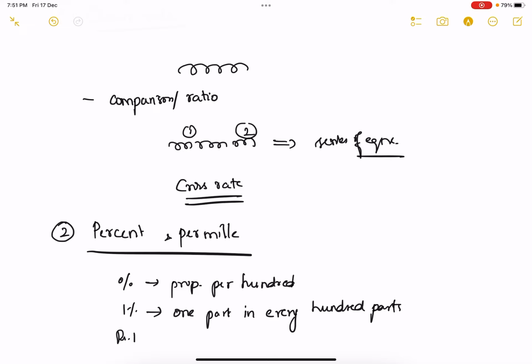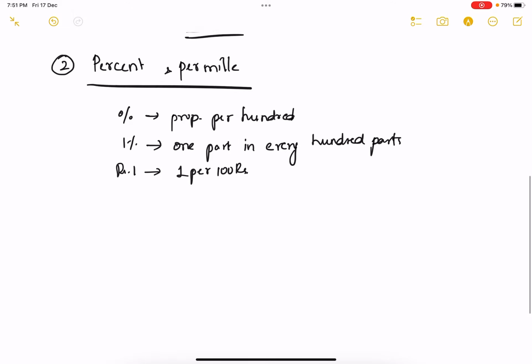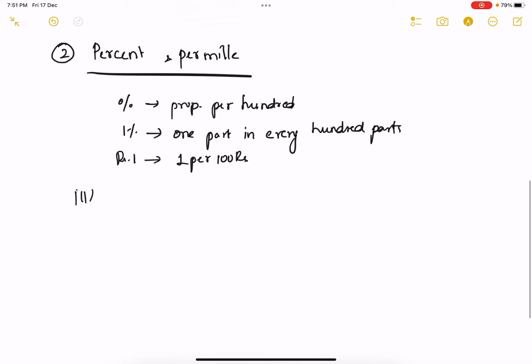And rupee 1 is 1 per 100 rupees. So similarly, Permille is proportion per 1000.